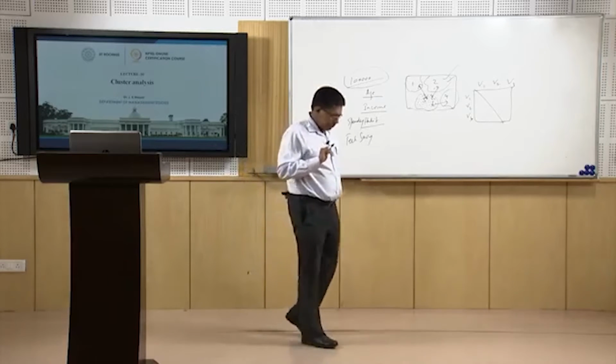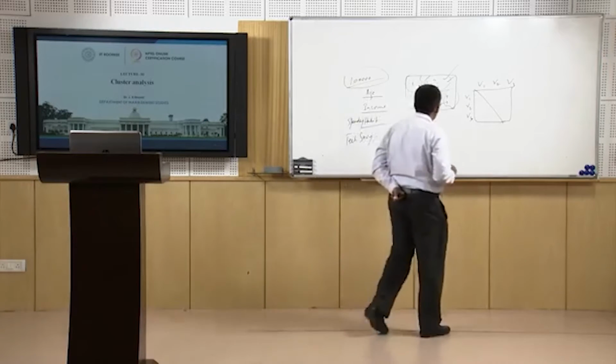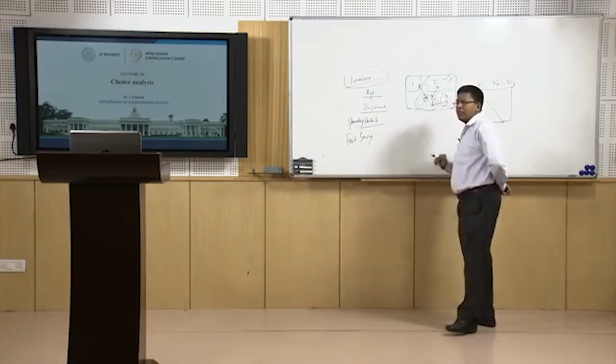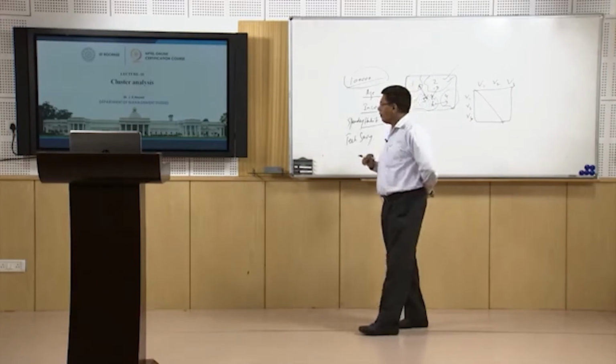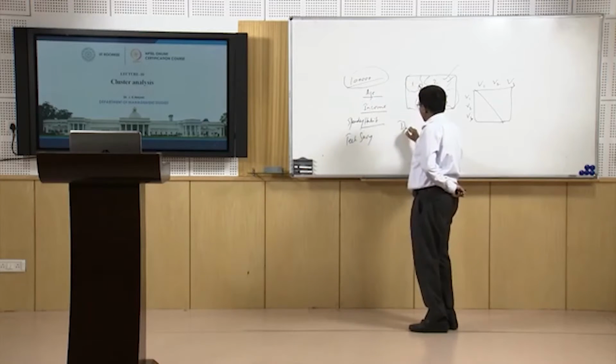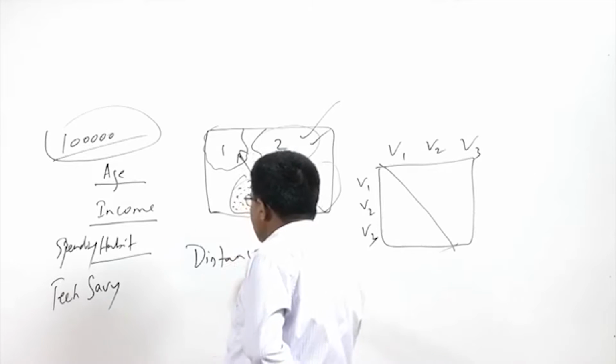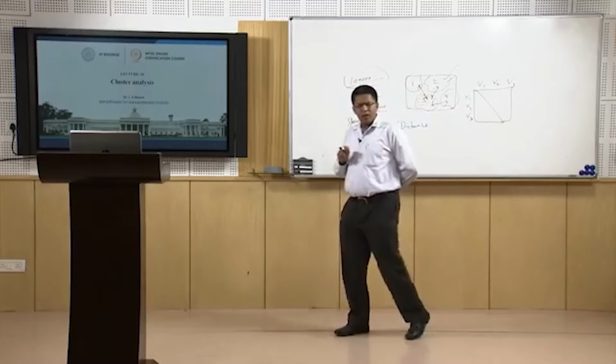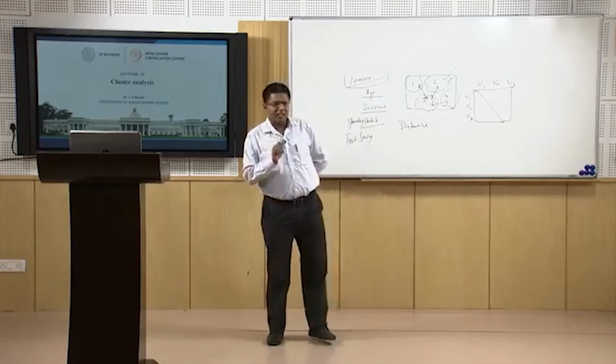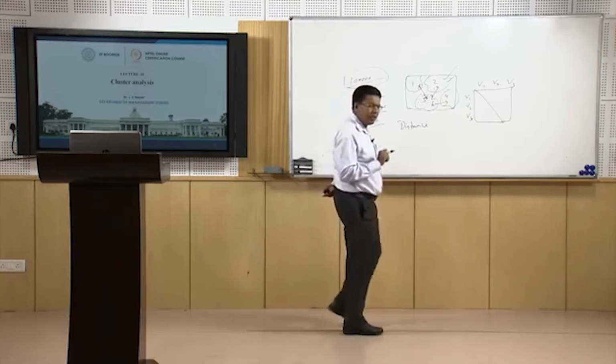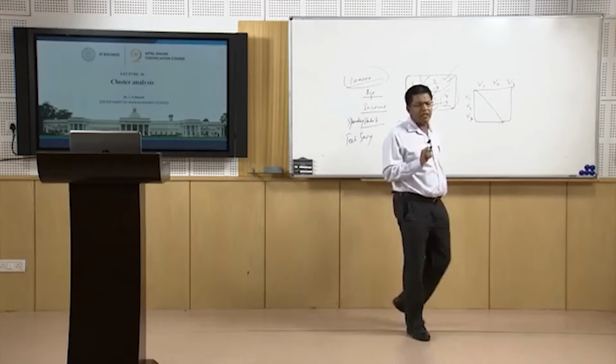But in cluster analysis we do not take the correlation, rather we take the distance. So, the grouping is based on the distance, how far the variables are from each other, or how close they are.